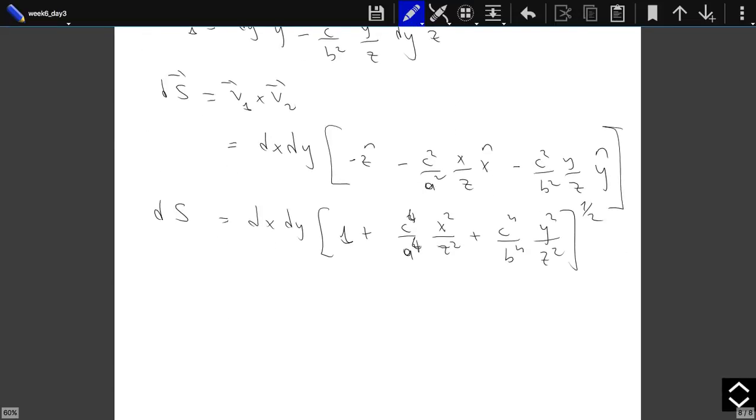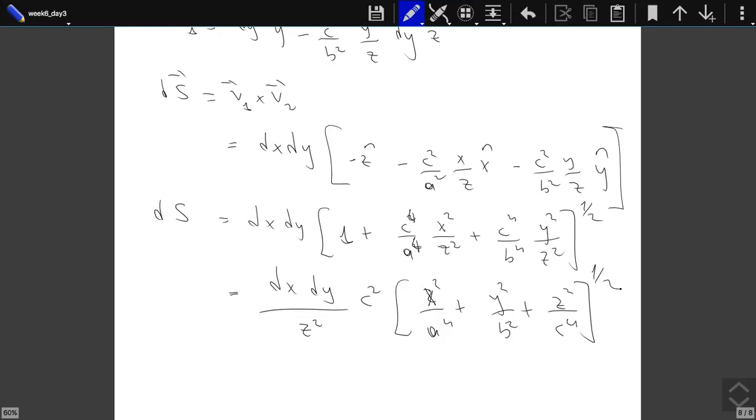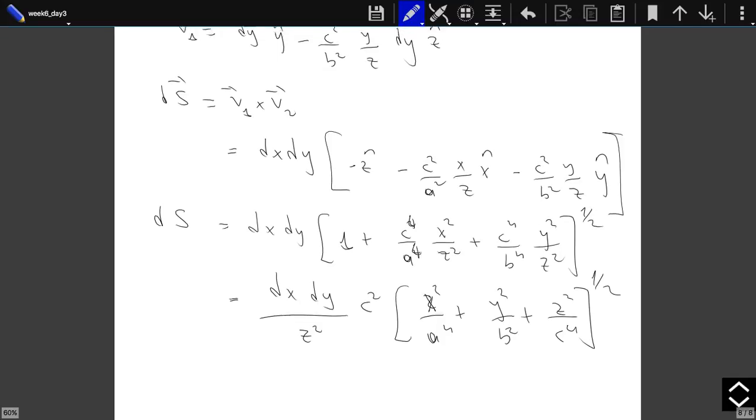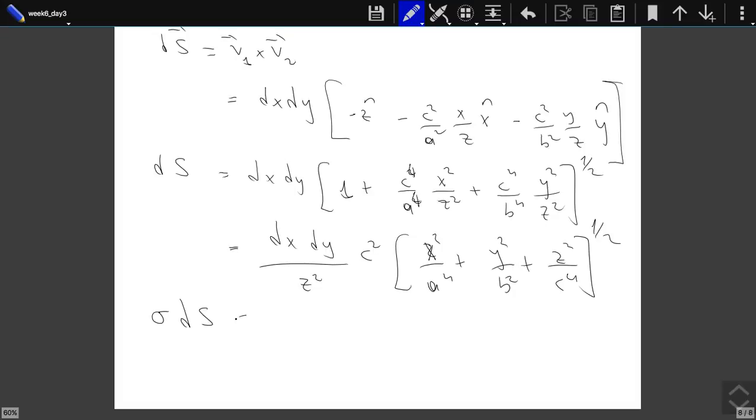Or this is dx dy divided by z squared times c squared times x squared over a to the 4 plus y squared over b to the 4 plus z squared over c to the 4, to the power 1/2. Now sigma dS is q over 4 pi abc dx dy c squared over z squared. Those complicated square roots just disappear.